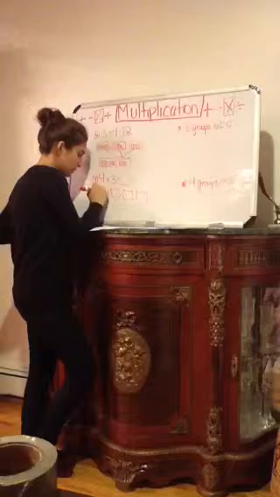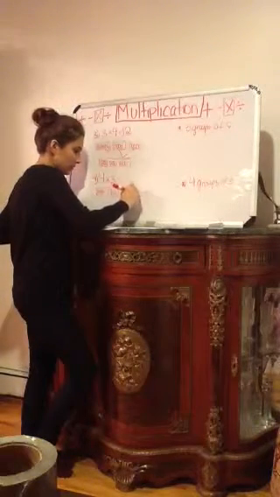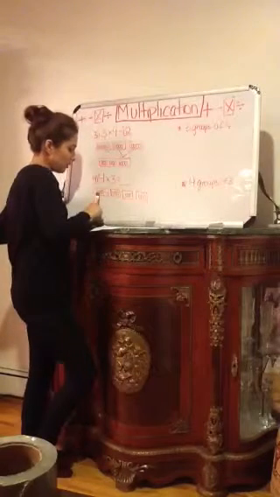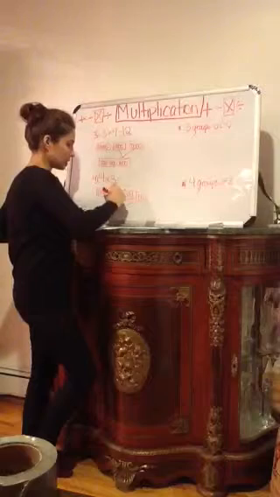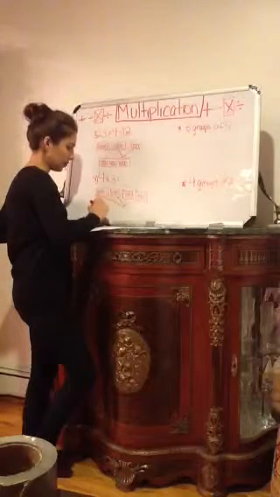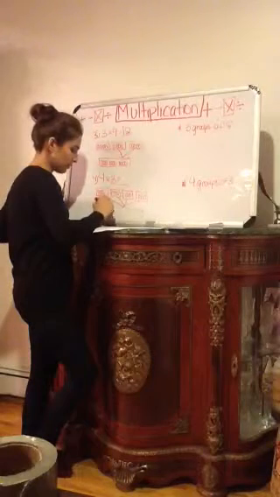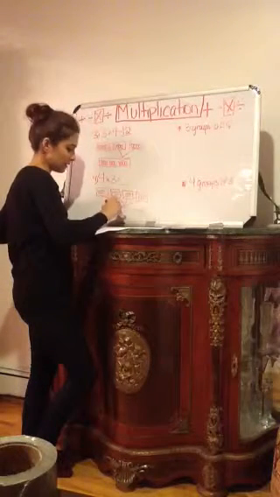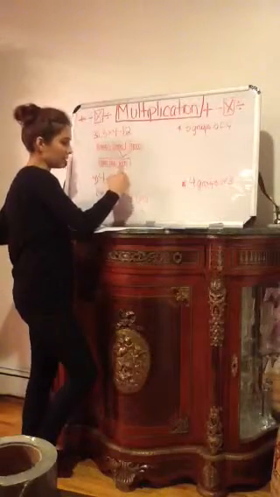We'll use 1, 2, 3, 1, 2, 3, 1, 2, 3, and 1, 2, 3. Okay, so we have to merge these groups together and we get one big group. So it's 1, 2, 3, 4, 5, 6, 7, 8, 9, 10, 11, and 12.